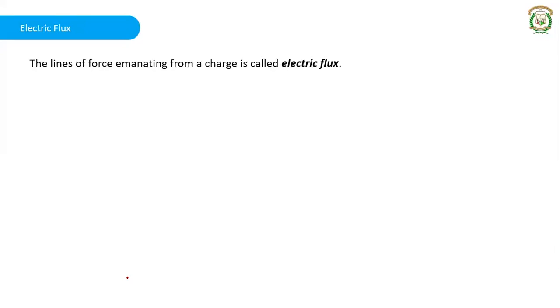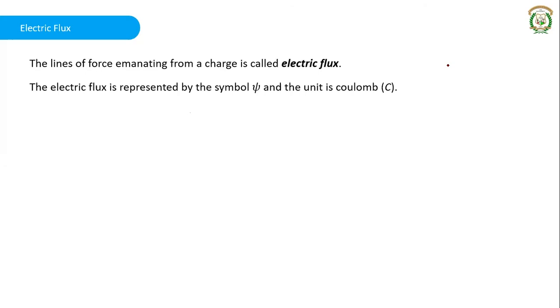The charge can be either positive or negative. Suppose it is a positive charge, then the lines of force are moving away from that charge. Suppose it is a negative charge, then the lines of force are moving into that particular charge. Okay, so you can see it here.